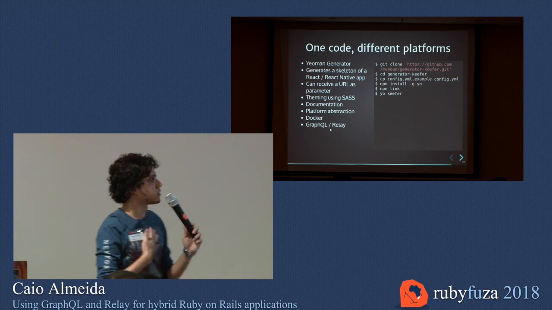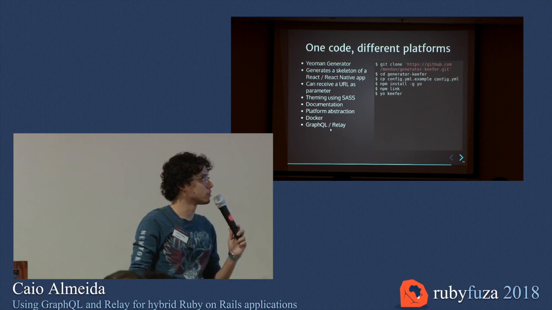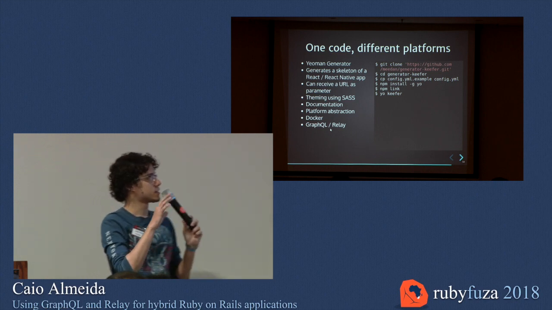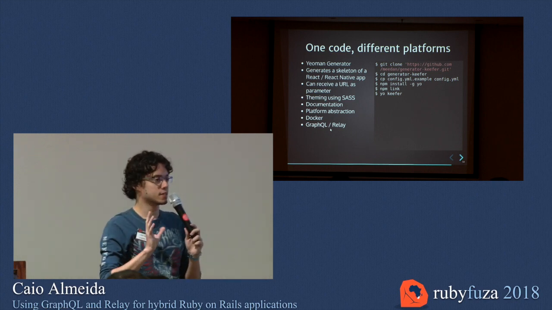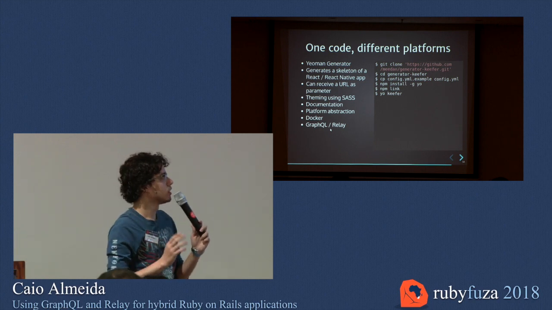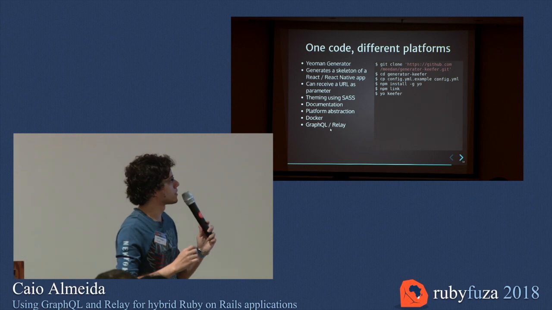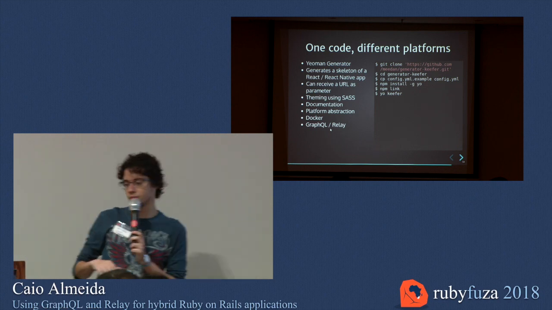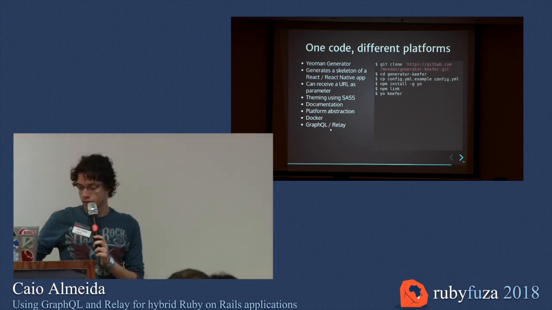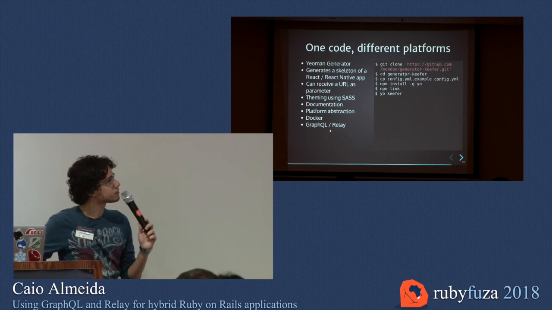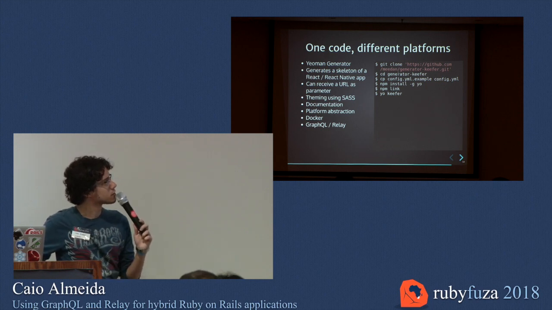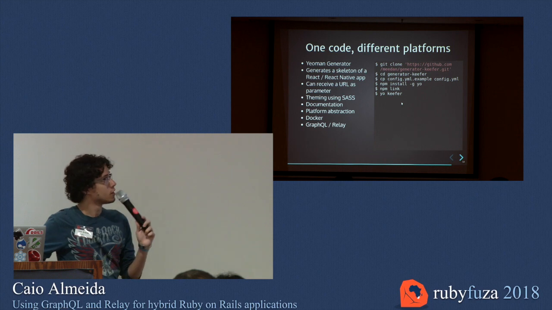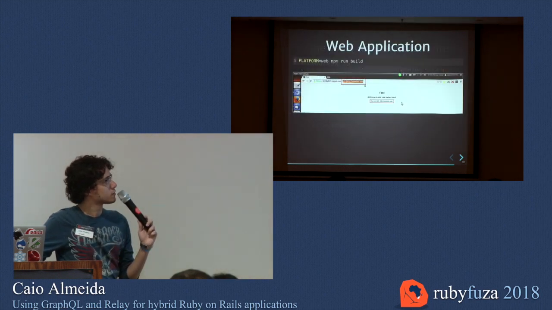We have a generator for nodes that creates a very basic front-end application that is meant to be run in different platforms, and that comes with GraphQL and relay support. So we use that on our applications, and the repo is here. So after you create an application with that, this is what you are going to get.